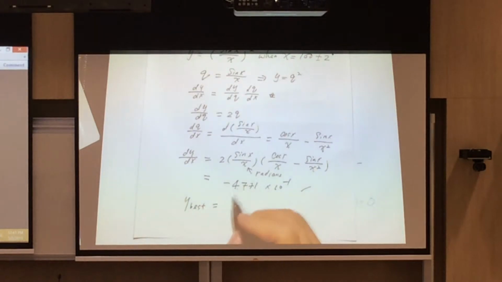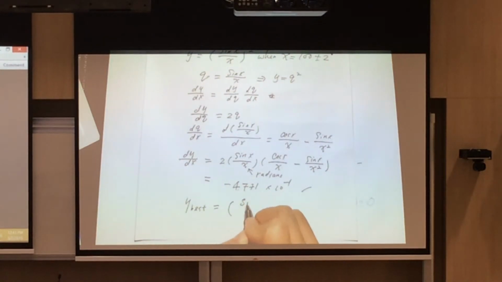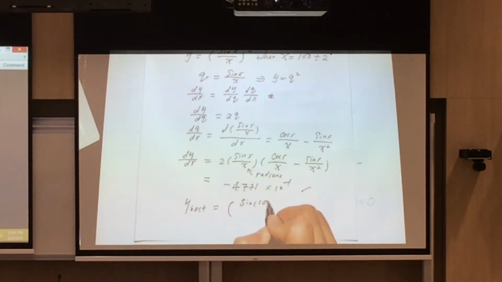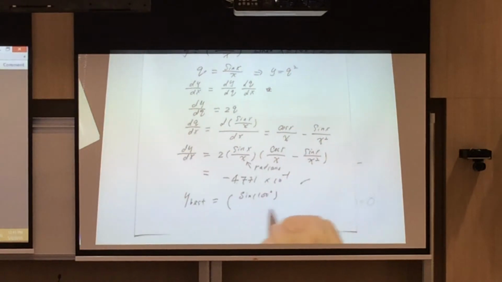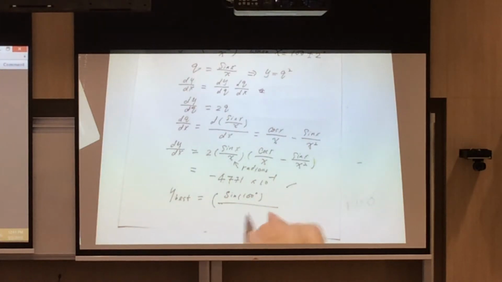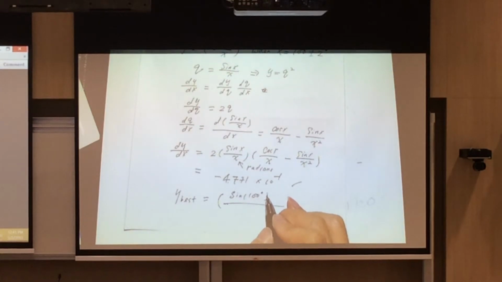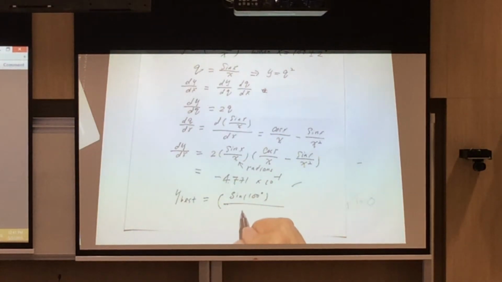So basically this one, again, we need to substitute the x. Sine of 100 degrees is okay, but here you need to use radians. So I will show you how to convert the degree to radians. 180 degrees is pi, right?